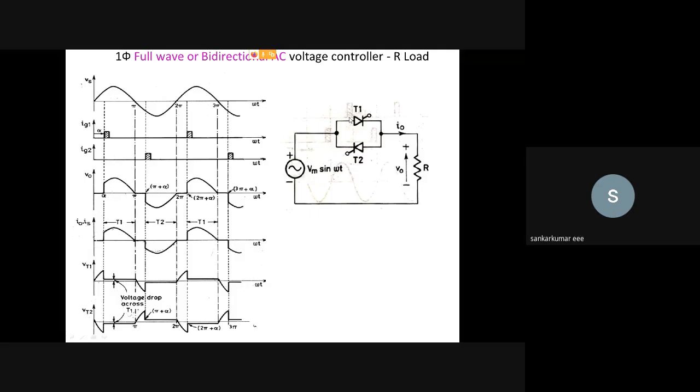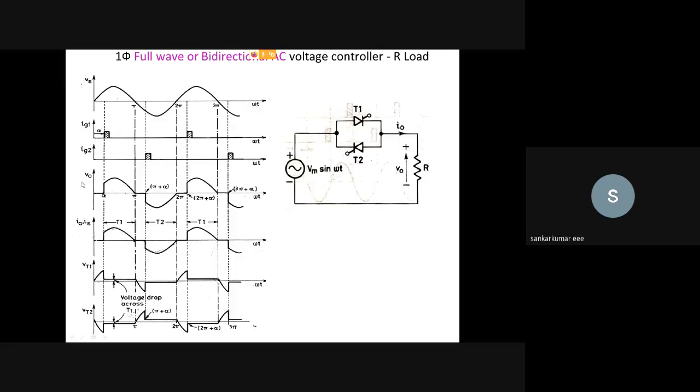Whenever the thyristor is in the on condition, you get the output current, and only at that time are we drawing current from the source. So the output current and the source current are the same, I naught and Is, but V naught and Vs are different.